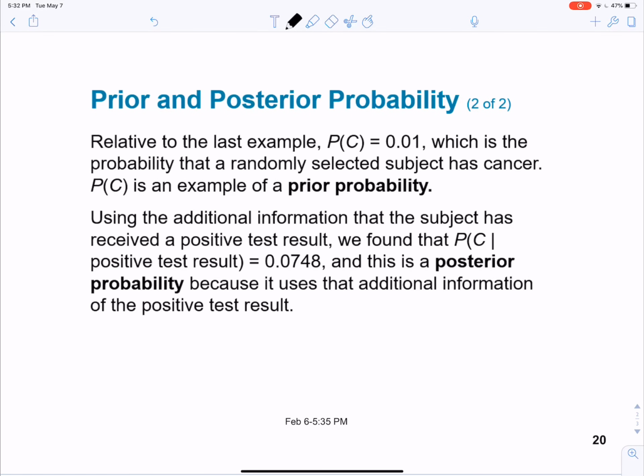So if we look at that example, the probability of having cancer being 0.01 is prior probability, right? That was the original population. And then they give us information about the test result. So that probability that we found from the table of having cancer given a positive test result is a posterior probability because it uses the additional information.